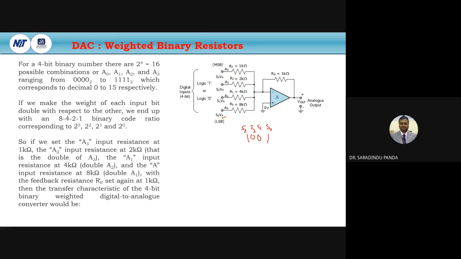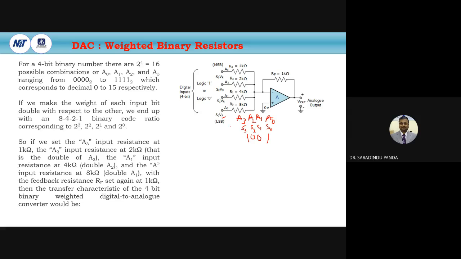So for a 4-bit binary number there are 2 to the power of 4, that is equal to 16 possible combinations of A0, A1, A2 and A3. These are the input voltages A0, A1, A2 and A3. So this is the A0, this is the A1, this is the A2 and this is the A3.